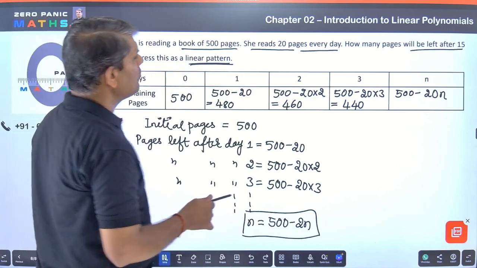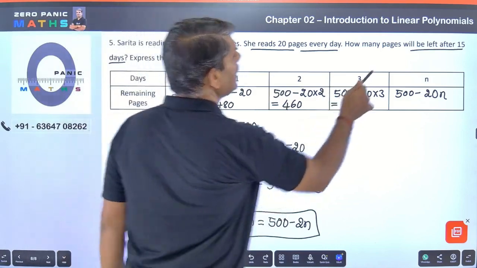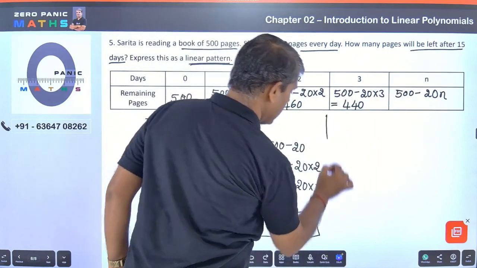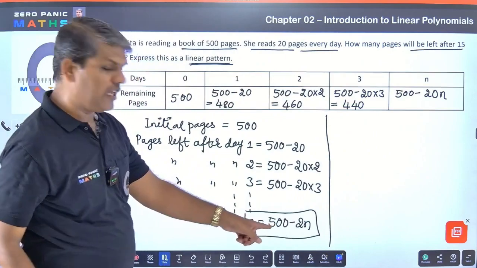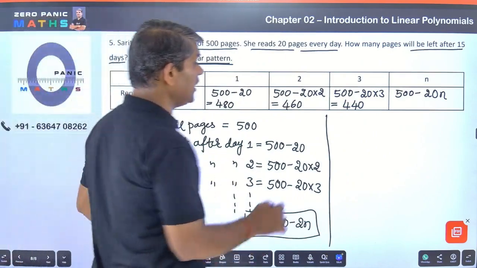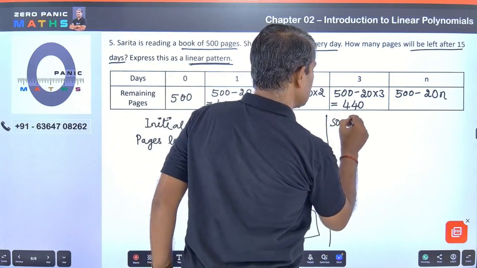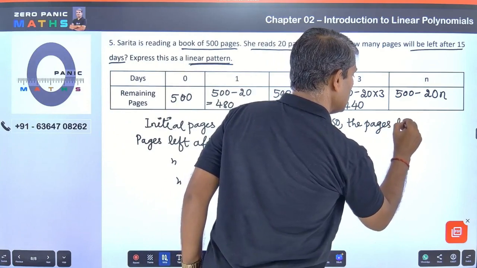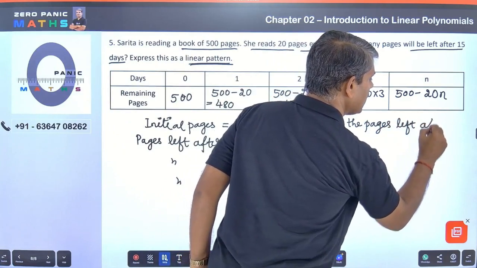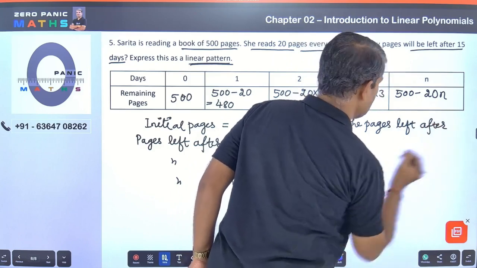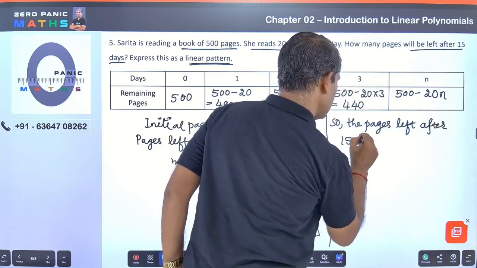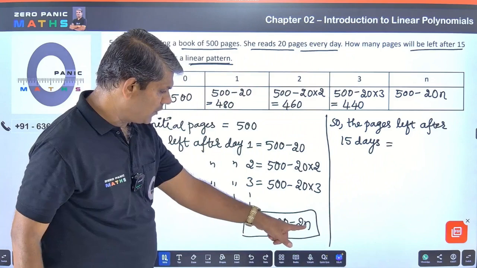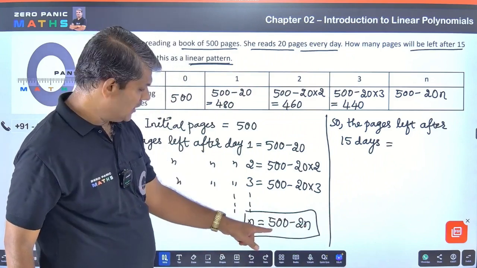But the question that we are left with is how many pages will be left after 15 days. So by using this formula, the pages left after 15 days is equal to substituting 15 in place of n in this expression.